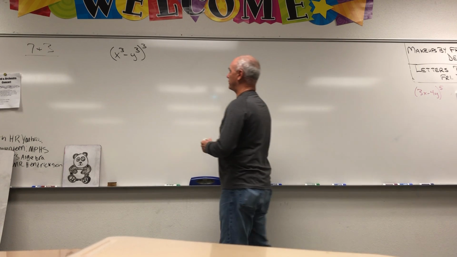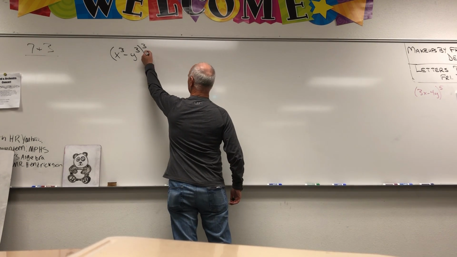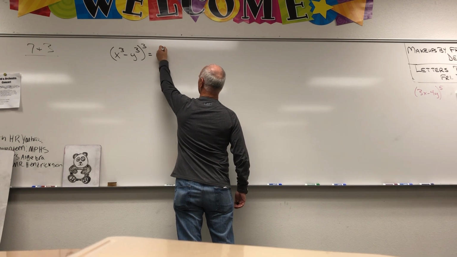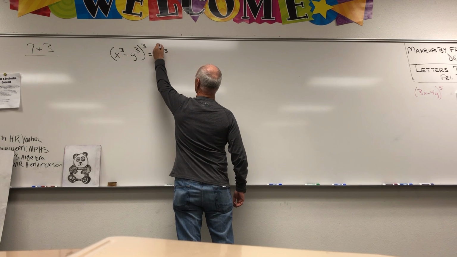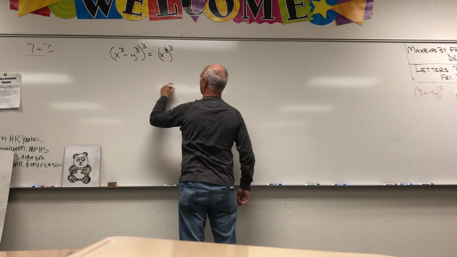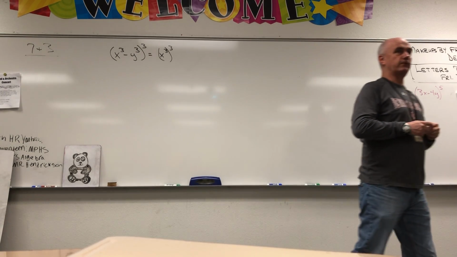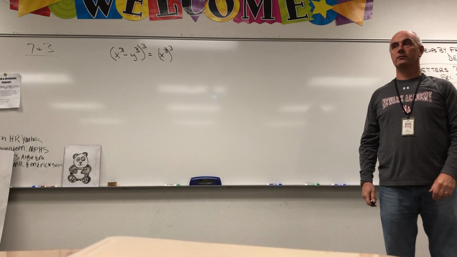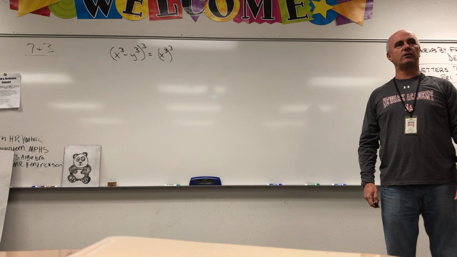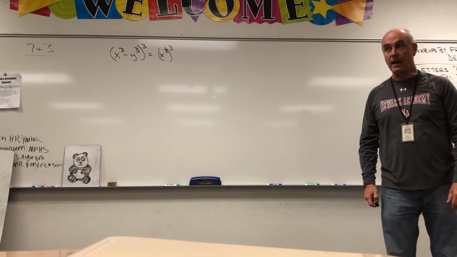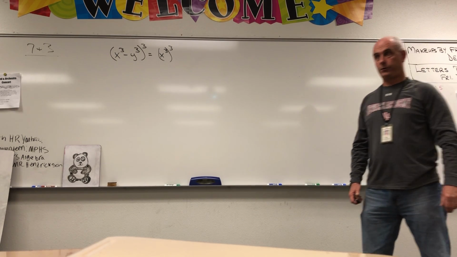What do we do to figure out the first term? What's the first term? Let's take x to the third. So the first term inside the parentheses is x to the third, and the second term inside the parentheses is negative y to the third.